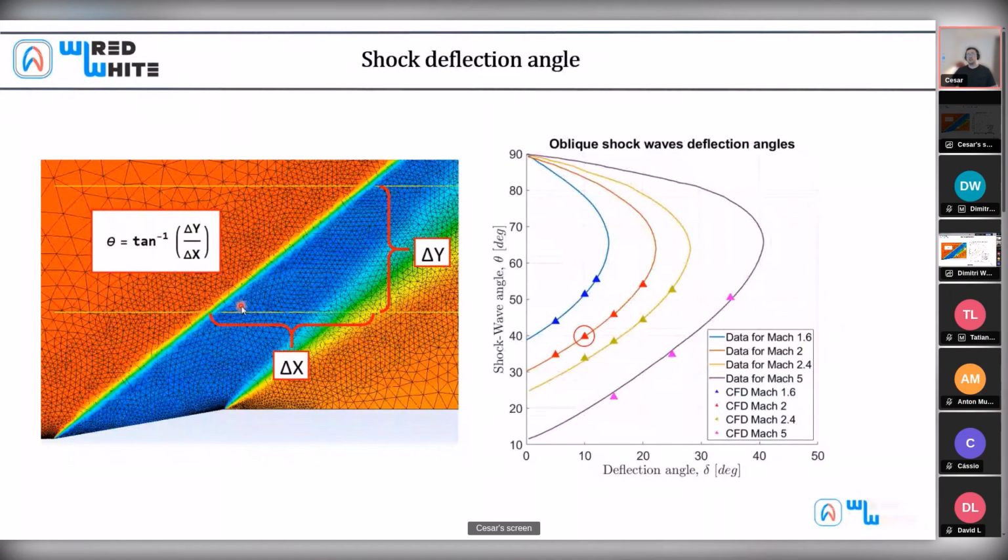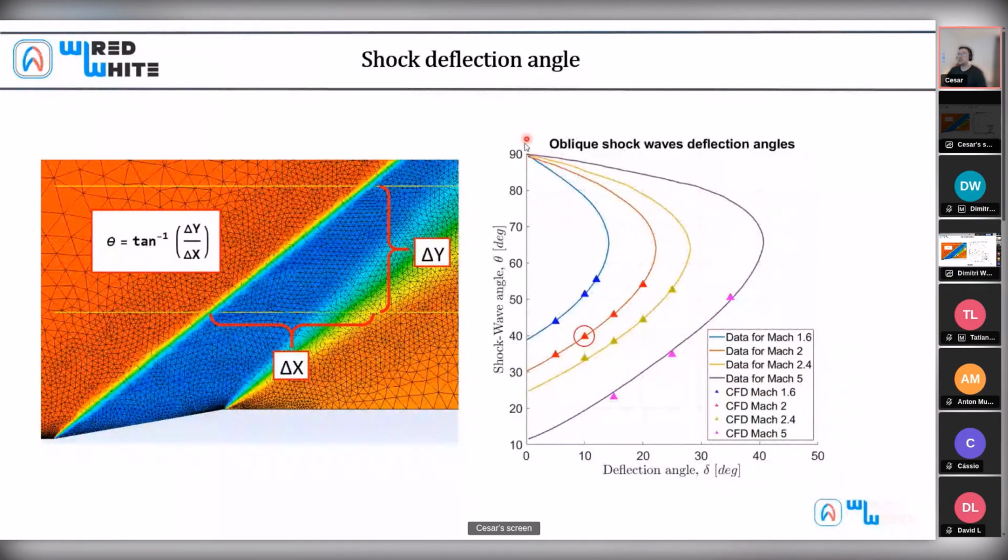The shock deflection angle is this beta, which is the angle that the shock forms with respect to the horizontal axis. And because we know the location of these points, we can compute the delta x and the delta y, and therefore we can compute this angle using the inverse tangent of these deltas.